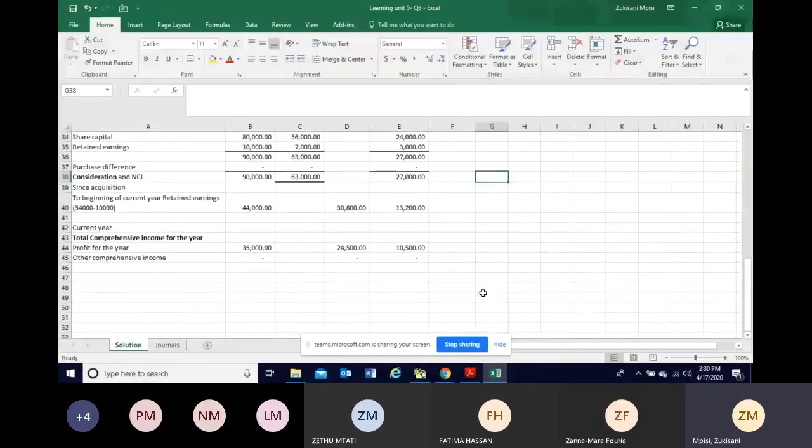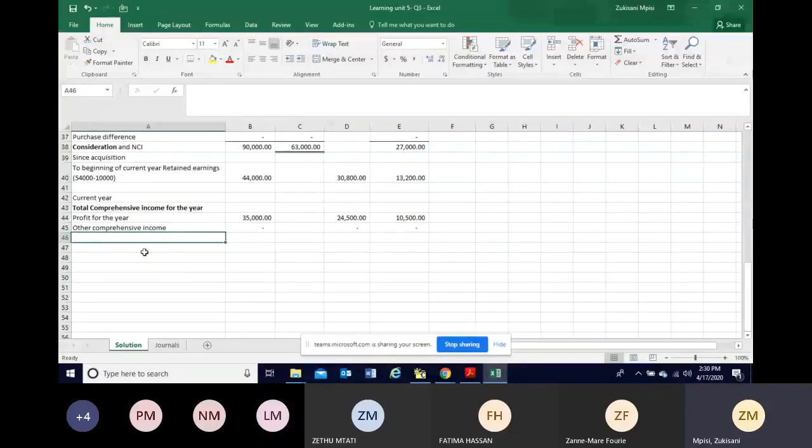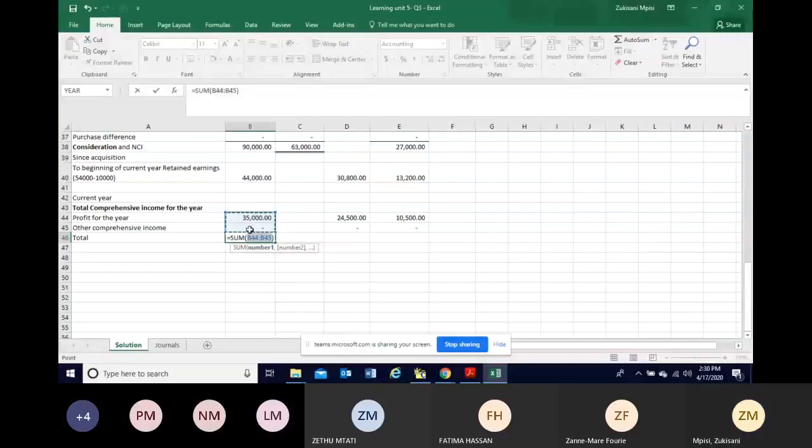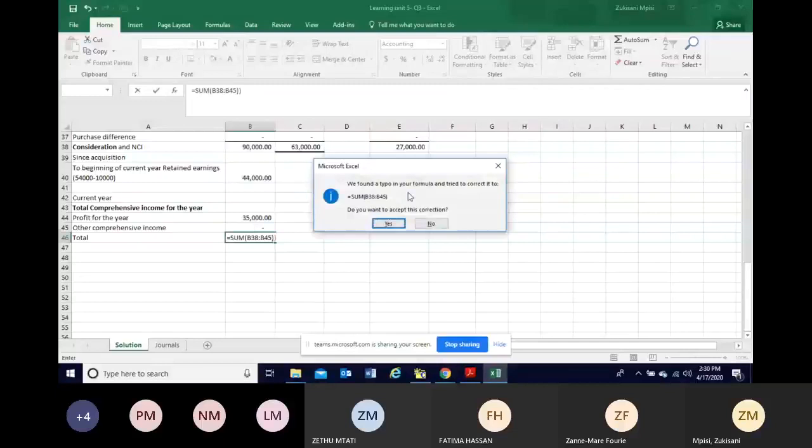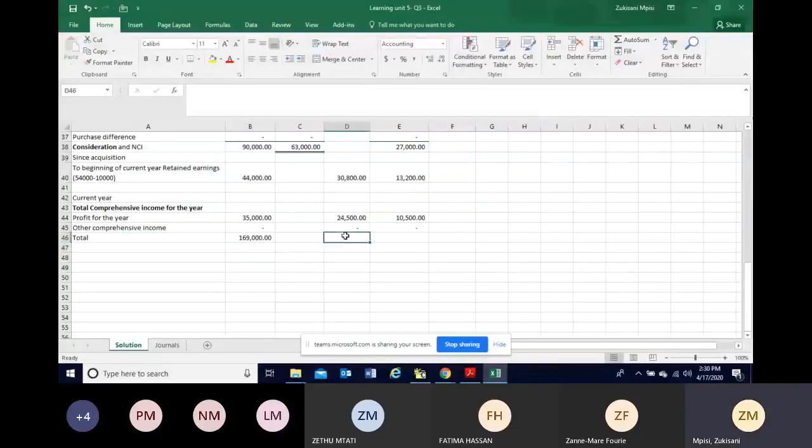Therefore, we can close that one. And then we eventually have got our total, which is total assets and liabilities at fair value, which should make up all your totals. This is this amount, and here we have this amount. Okay.